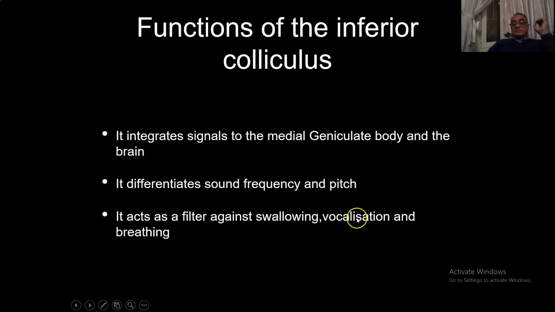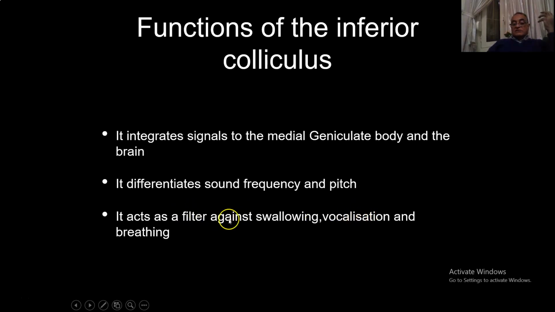You cannot sleep, you cannot hear other voices, you cannot breathe. So to hear people, you have to stop breathing. But what makes the filter of my breath, of my swallowing, and my vocalization? I don't hear that much my voice. I hear it from outside.